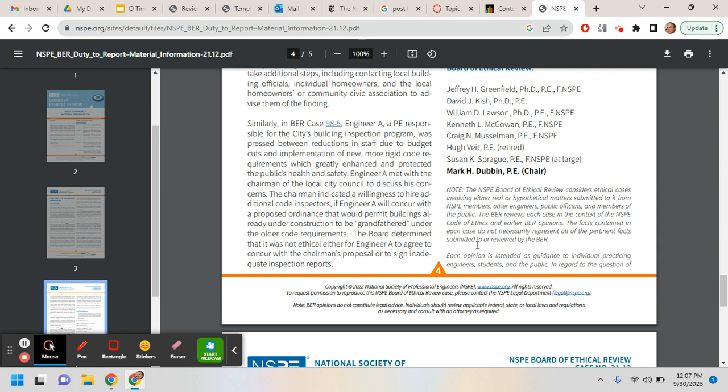They are quite often based upon real events. But the point is that the Board of Ethical Review is free to shape those events, change facts for the purposes of what the cases actually are, which are teaching material, things for teaching.